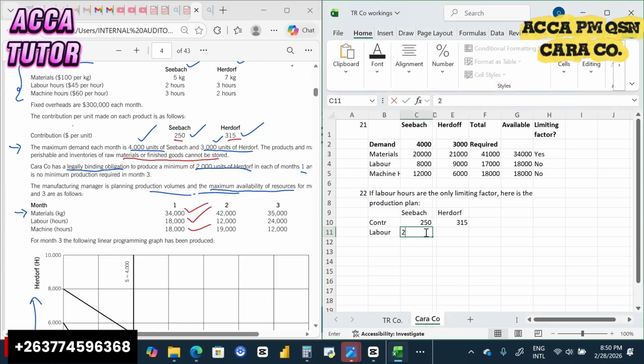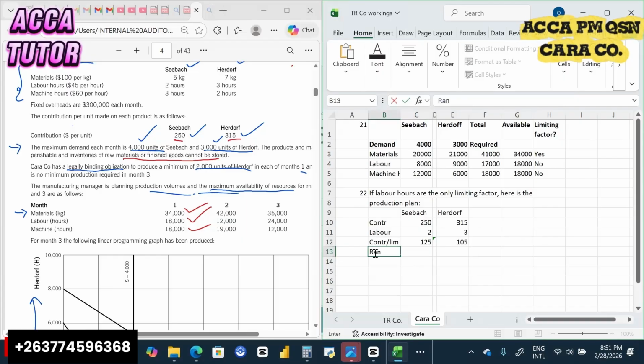So we require 2 hours of labor per unit and 3 hours for the head off. All right, so what is the contribution per limiting factor? We divide per limiting factor, right? So that's 250 divided by 2, 125. We drag the formula. 125, 105.